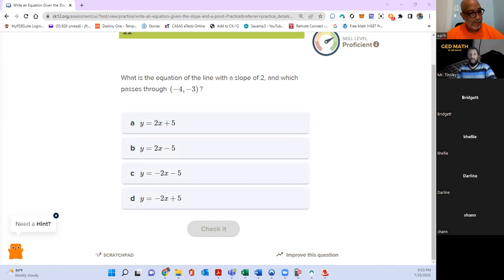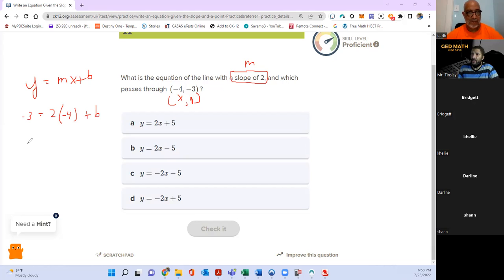Okay, so let's do it. y equals mx plus b. Identify what's given. That's my slope m, that's my x, that's my y. My y is -3. My slope is 2, multiplied by x, which is -4, plus b.